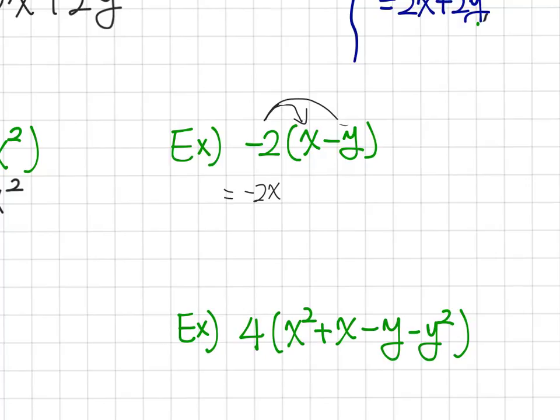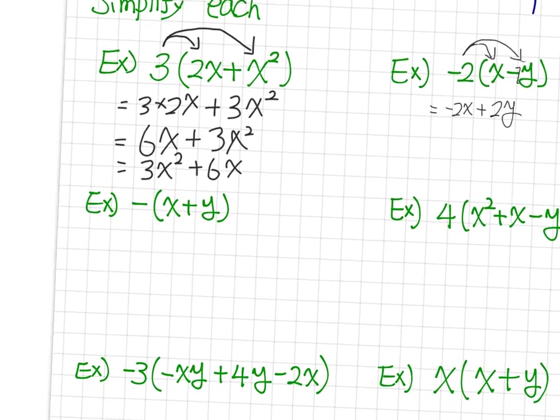Next we have negative 2 times negative y. Remember, negative times negative becomes positive. And 2 times 1, remember this is an imaginary 1, so we will have 2y. And that's it. We cannot collect these two items since we don't have the same like terms, right? x and y, different letters. Hopefully that was okay.